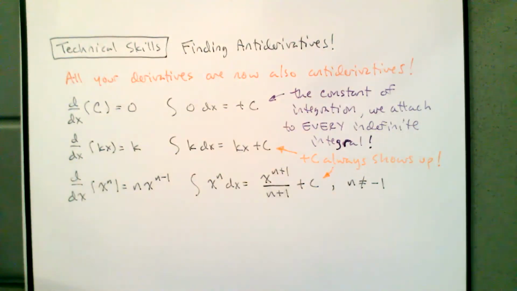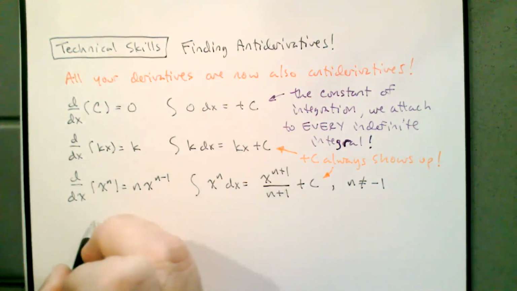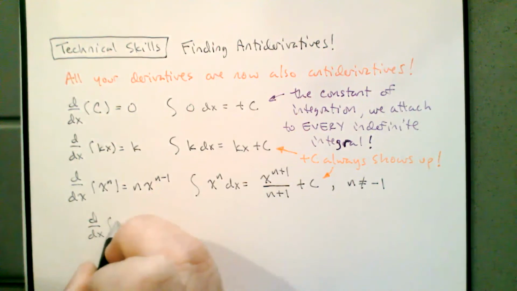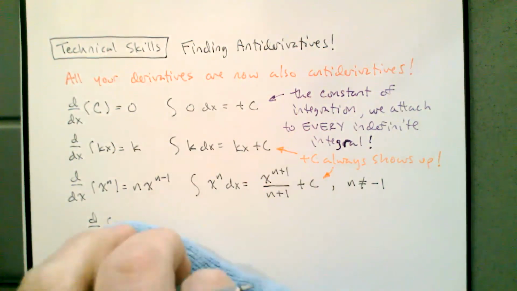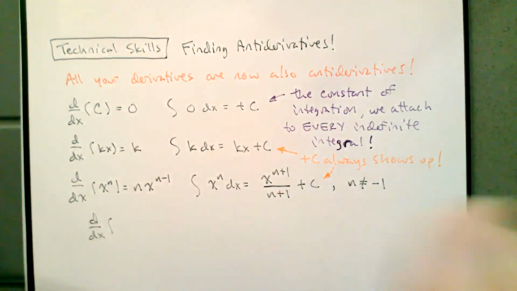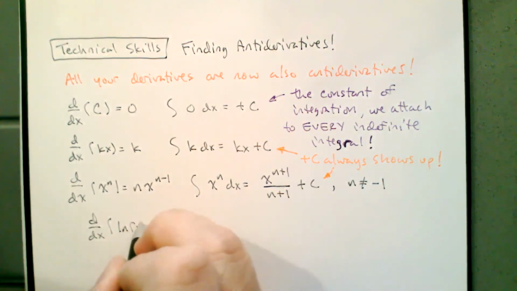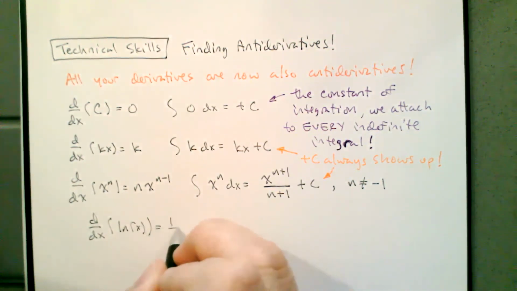But that's okay, because the derivative of the natural log of x, I spelled L wrong. I had to draw one vertical line like that, and I spelled it wrong. The derivative of natural log of x is 1 over x.